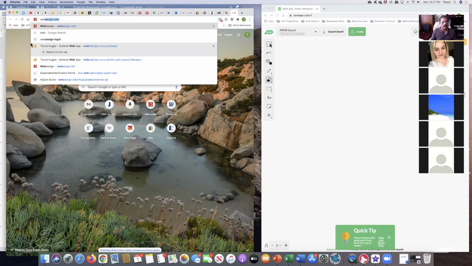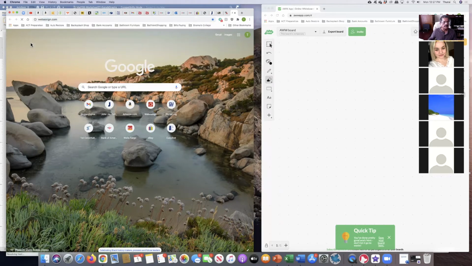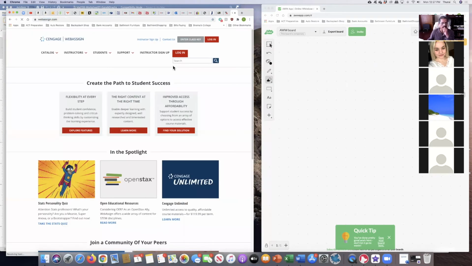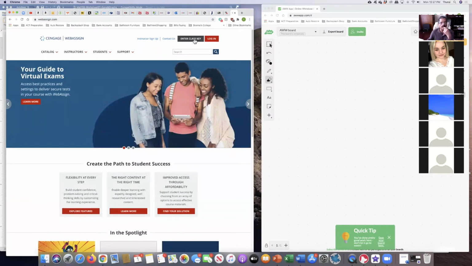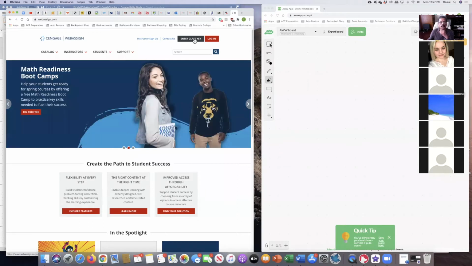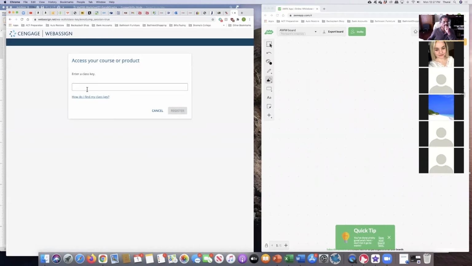Just type that webassign.com address, enter, and you will be going to WebAssign. When you join the first time, you're going to have to click this link, enter class key. And that will take you to the class key.